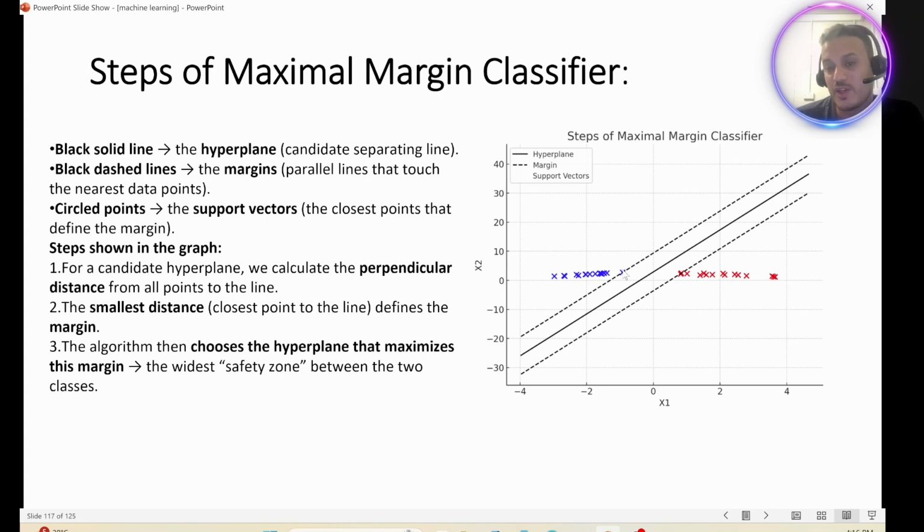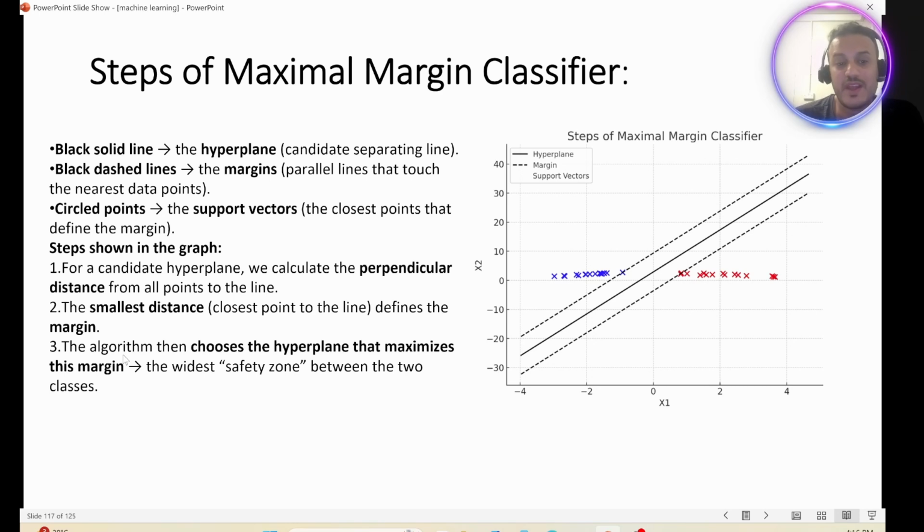The closest point to our decision boundary will define the margin from both sides. So this line is called the margin, and this line is called the margin. And the support vectors are these points, the first ones that define the margin from both sides.